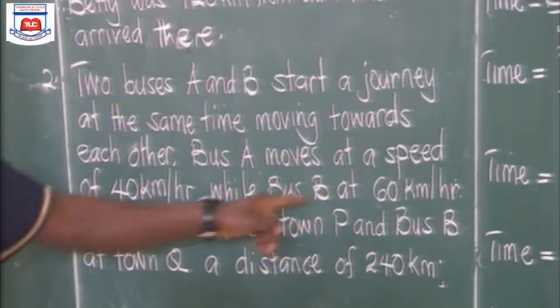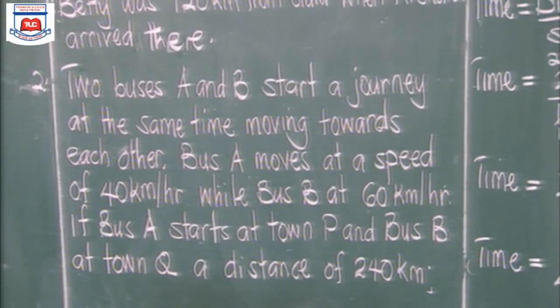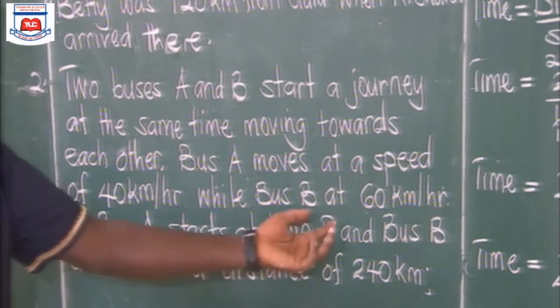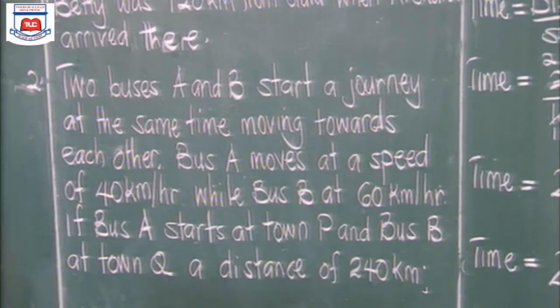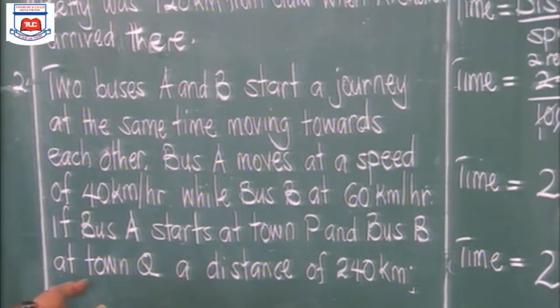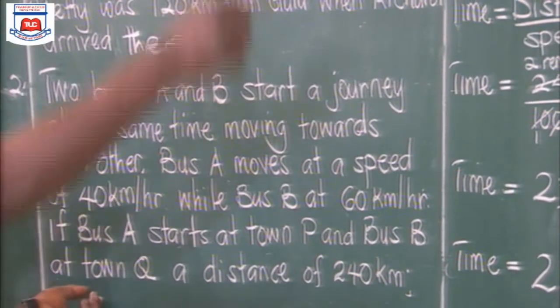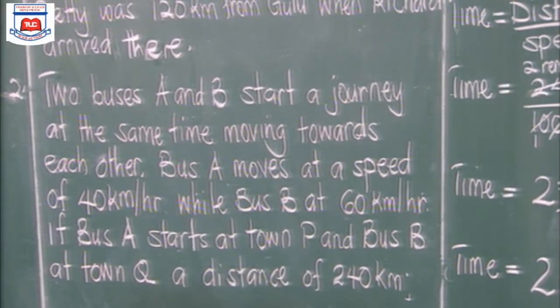A moves at a speed of 40 kilometers per hour, while bus B moves at a speed of 60 kilometers per hour. You will see that bus A starts from P, whereas bus B starts from Q to do the same journey. As one starts from Q and another one starts from P, they will meet.